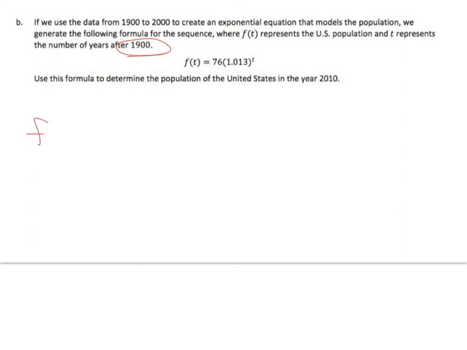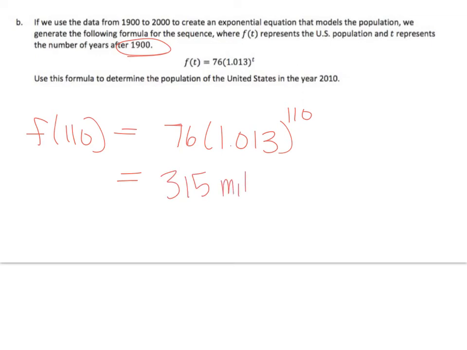So after 1900, that's 110 years. That gives us 76 times 1.013 to the 110. Calculate that out, and that has 315 million in year 2010. I got that wrong. Hold on. 2010.